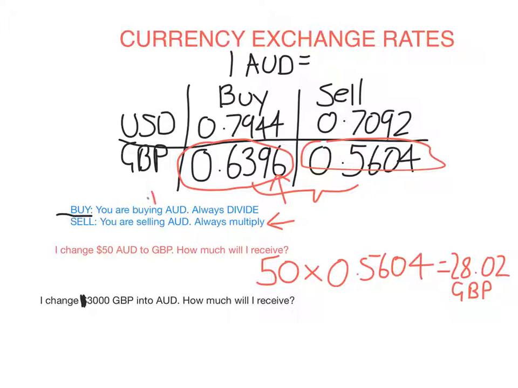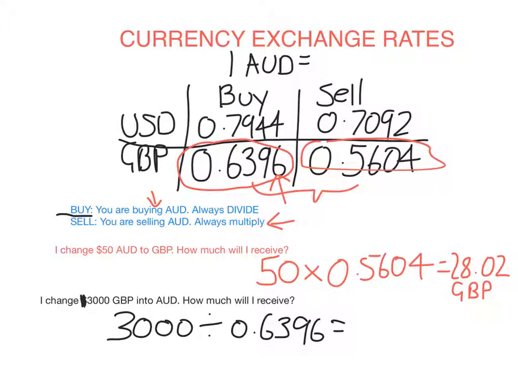And as it says here, when I'm using the buy rate, I always divide. So this will be simply 3,000 divided by the buy rate. We put that on our calculator, and the answer I get is 4,690.43, again to 2 decimal places. And I can put a dollar sign because it's Australian dollars.